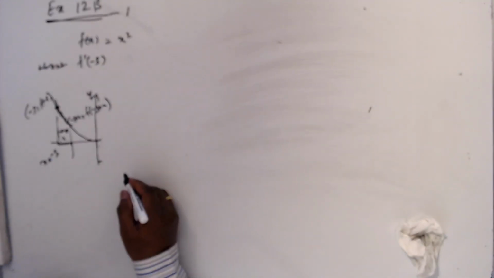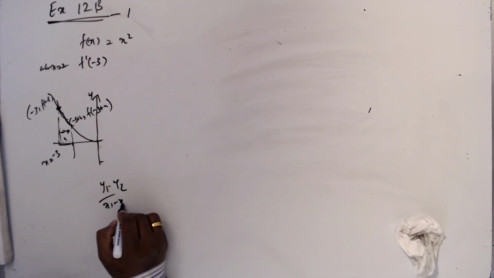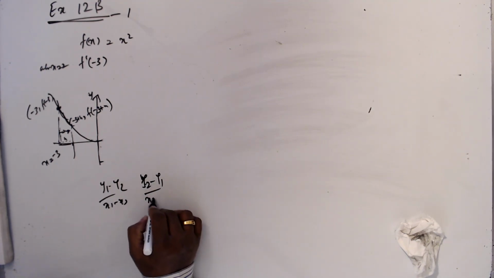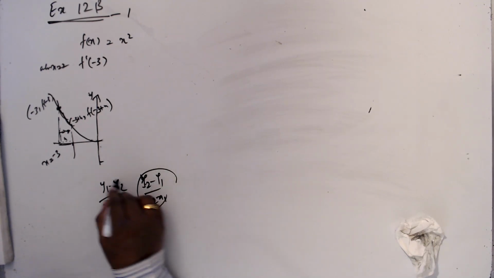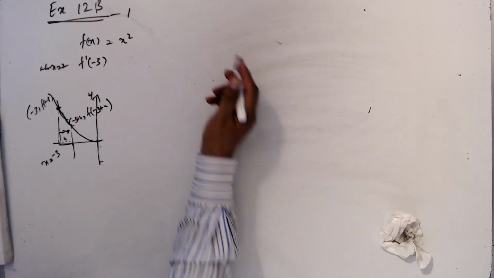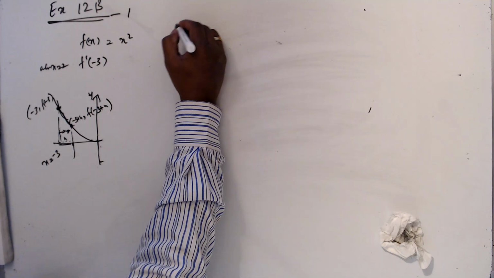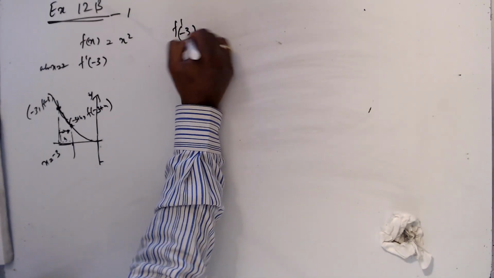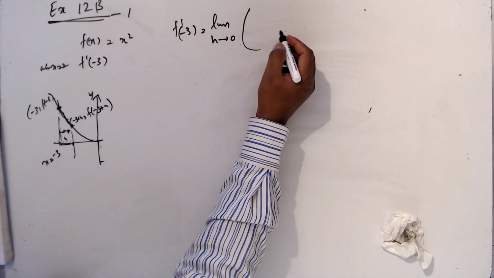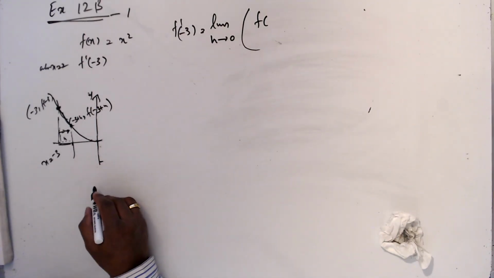When you write the gradient, can you remember y1 minus y2, x1 minus x2. This is also right, otherwise y2 minus y1. That one also is right. It's up to you the way you want, but we'll stay with the theory. So always the second one minus the first one, that's fine. So f'(minus 3) equals limit h goes to 0, what are the 2 points?